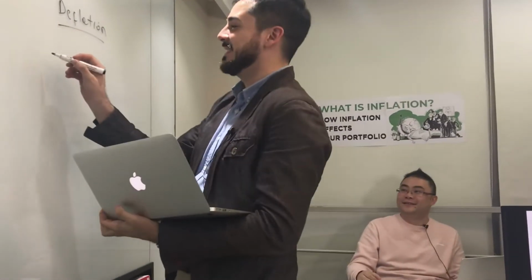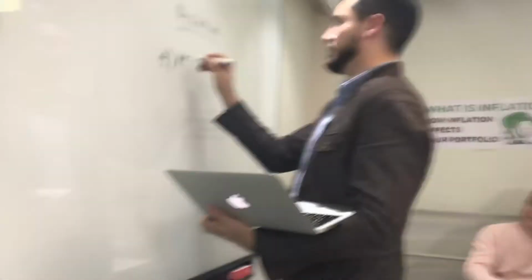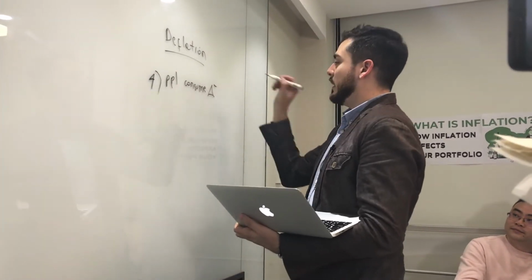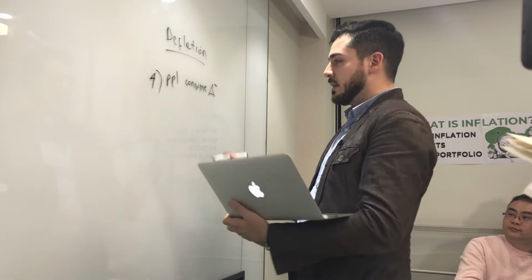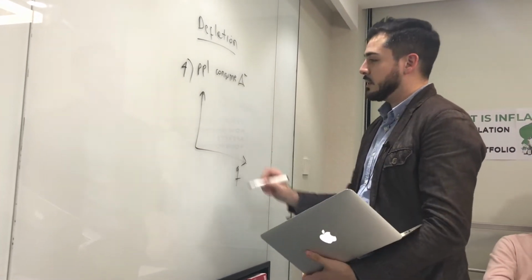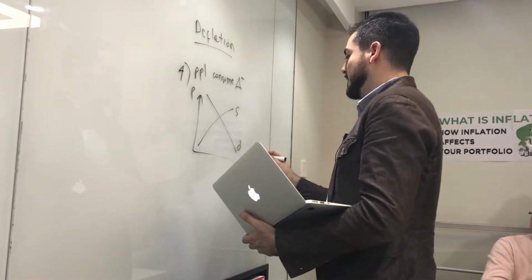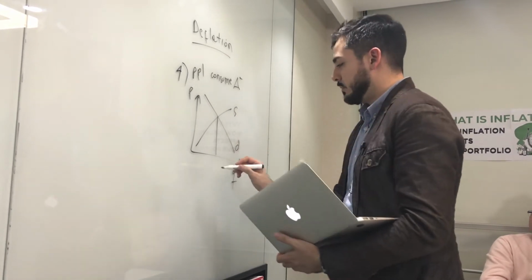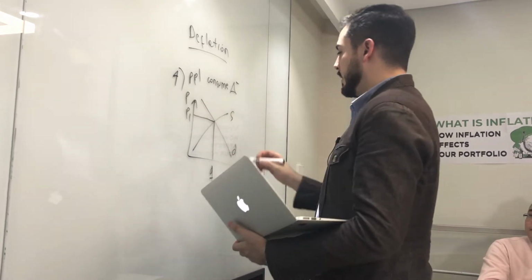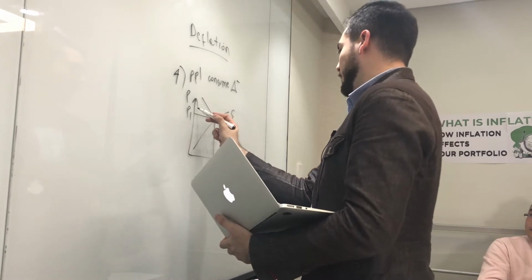And also number four, people consume less. So when that happens, you can see here this is quantity, price, supply, demand, very easy, right? Then we have Q1, quantity 1, price 1. If people consume less, Ray, you can help me here, the demand will change.